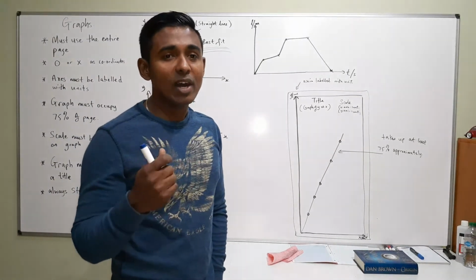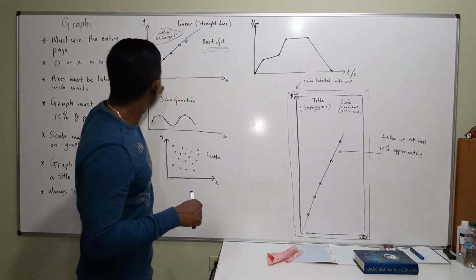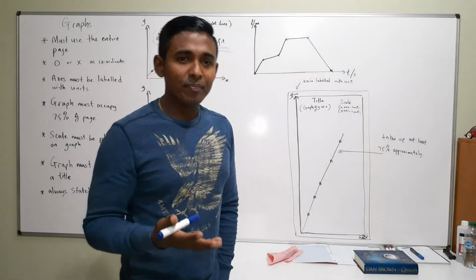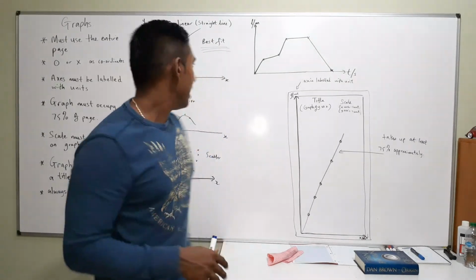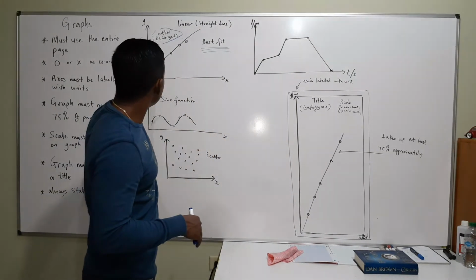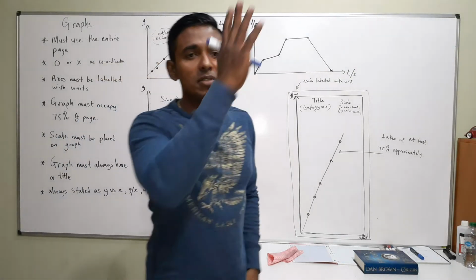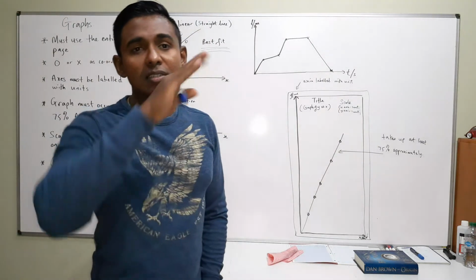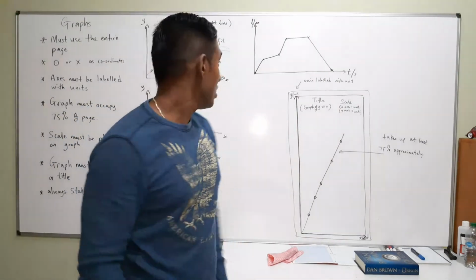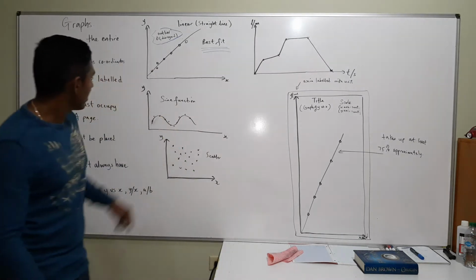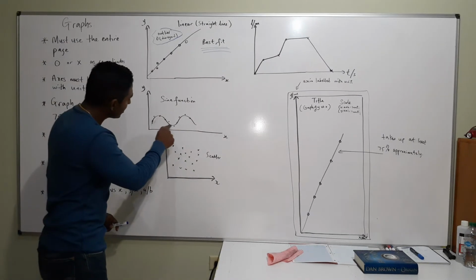This is the reason why we take quite a number of readings, so that if there are a couple that are off, we can disregard them and look at the ones that best fit the line, or give you that sort of function. Then if you look at this graph, for example, look at all the points.